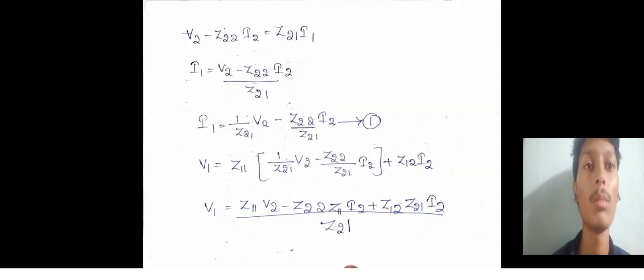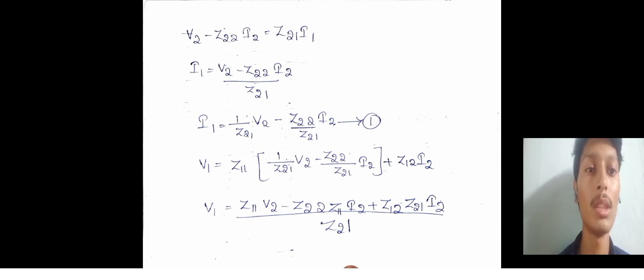Next, V2 minus Z22 I2 equals Z21 I1. I1 equals (V2 minus Z22 I2) by Z21. For equation 1, I1 equals 1 by Z21 V2 minus Z22 by Z21 I2. Next, V1 equals Z11 into (1 by Z21 V2 minus Z22 by Z21 I2) plus Z12 I2.